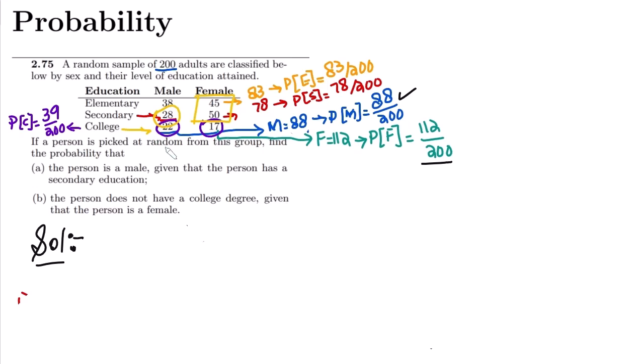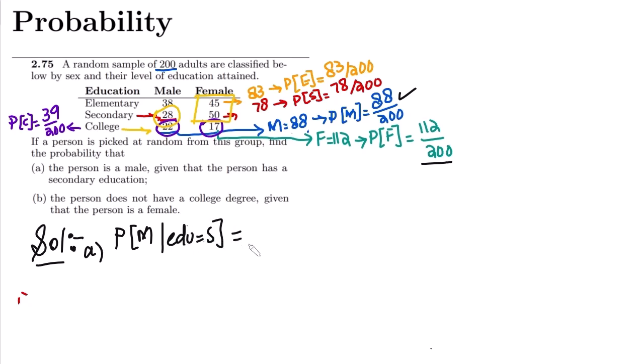If a person is picked at random from this group, find the probability that A, the person is a male given that the person has a secondary education. So in part A, we have to find the probability that a person is male given that the education level is secondary.